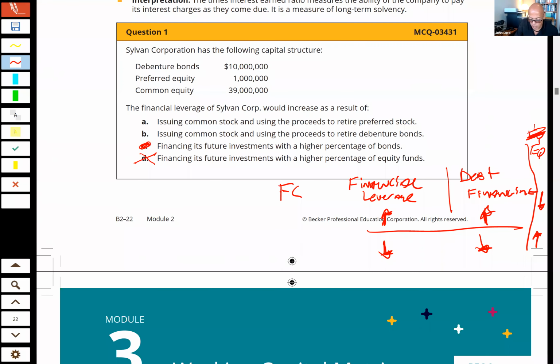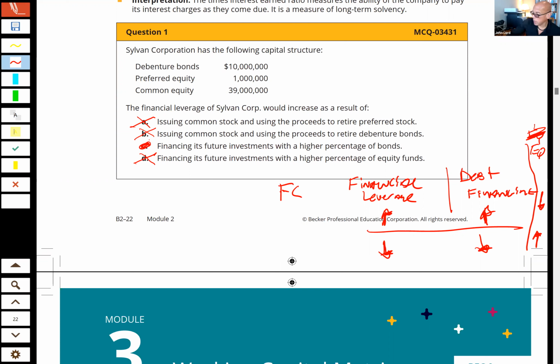Issuing common stock, that's probably going to be pretty much a wash, as we're replacing one vehicle of equity with another one. Issuing common stock and using the proceeds to retire bonds is reducing the debt financing and increasing the equity.